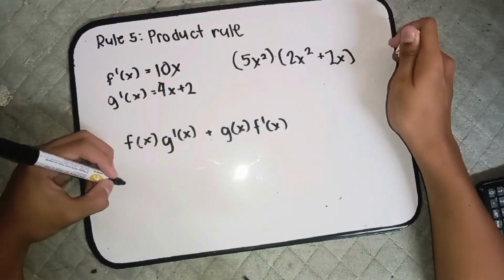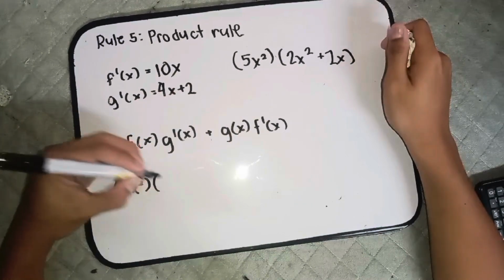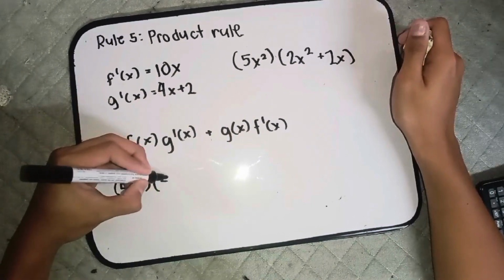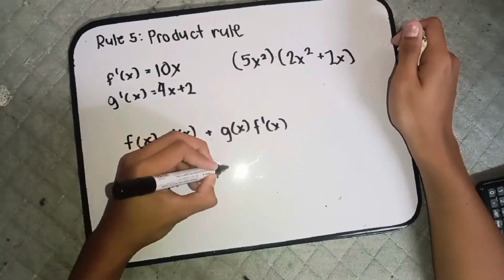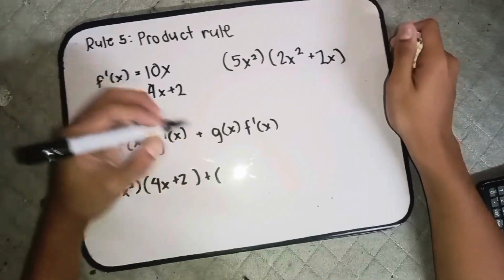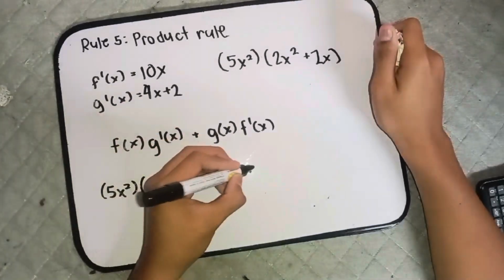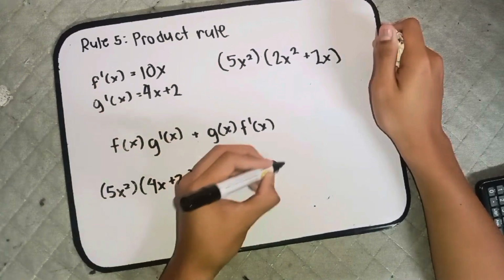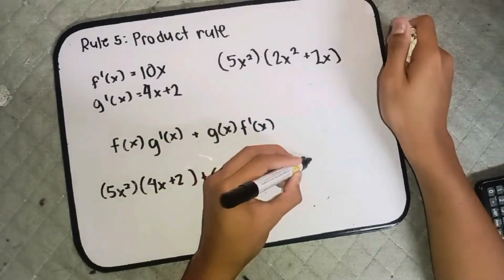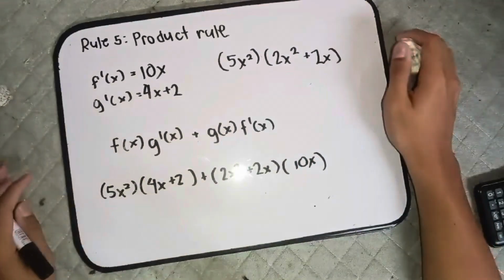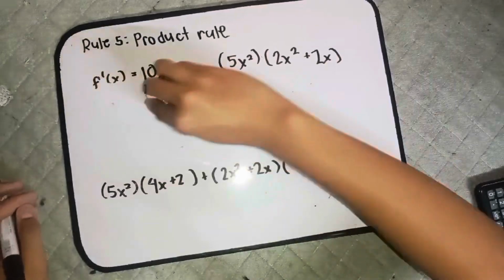F of x is equal to 5x squared, and the derivative of g of x is equal to 4x plus 2, plus g of x, which is equal to 2x squared plus 2x, and the derivative of f of x is equal to 10x. Let's clear up some space so that we can solve this.